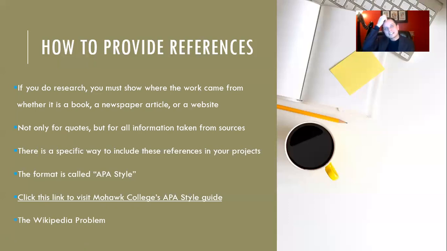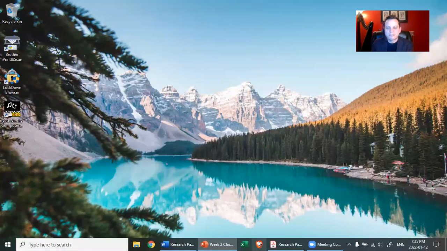And the reason is that it's not the first source of information. A Wikipedia article actually takes information from sources and puts it together in one source. So Wikipedia is not, essentially, it's not giving you the information. It's taking information from somewhere else.